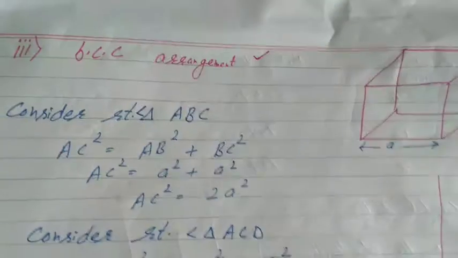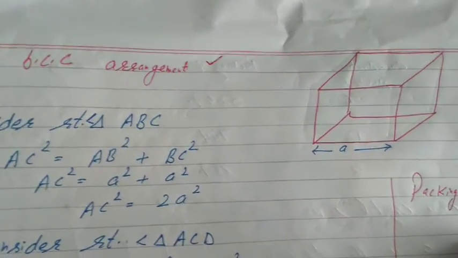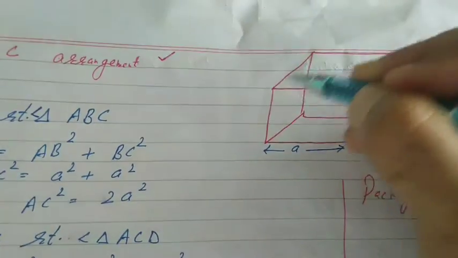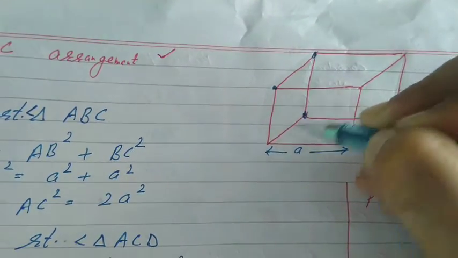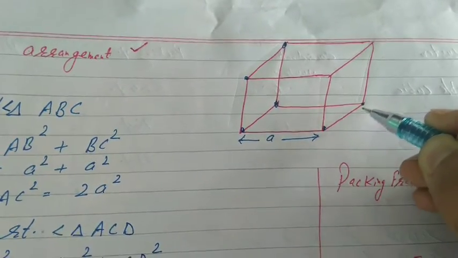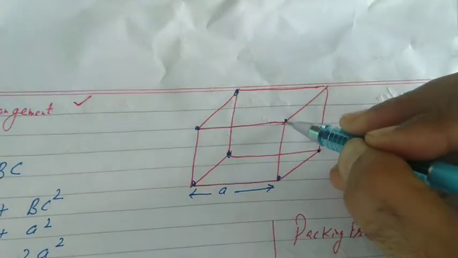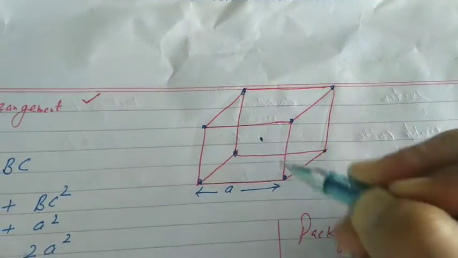Simple cubic, then second FCC, third is BCC. What is BCC? All of you know. It contains constituent particles at corners plus 1 at the body center.